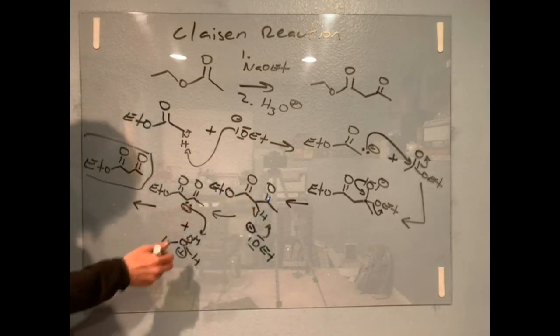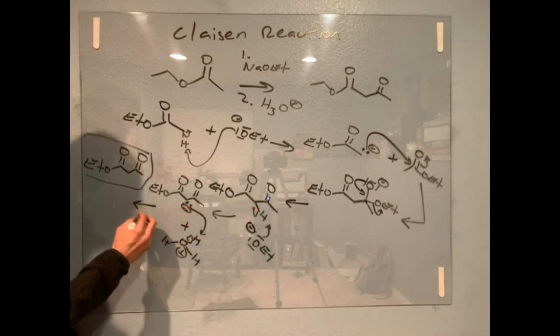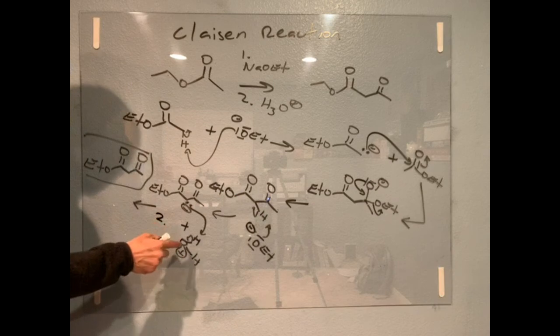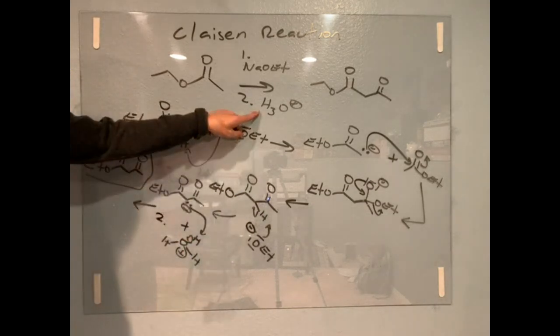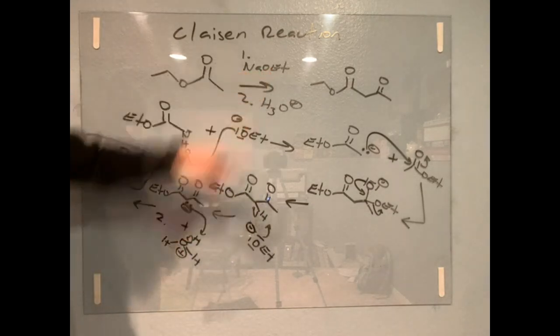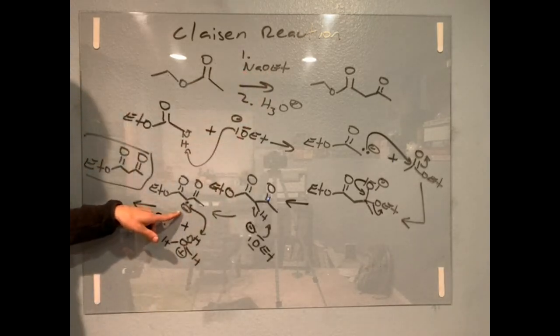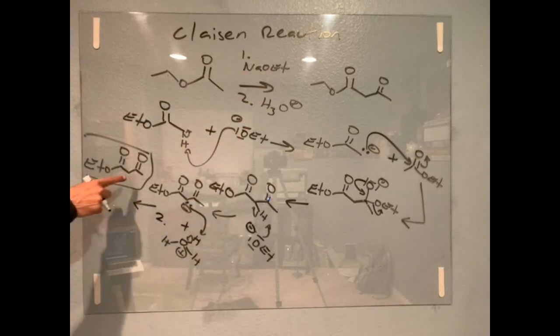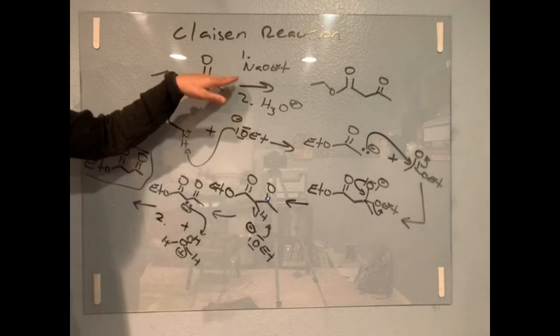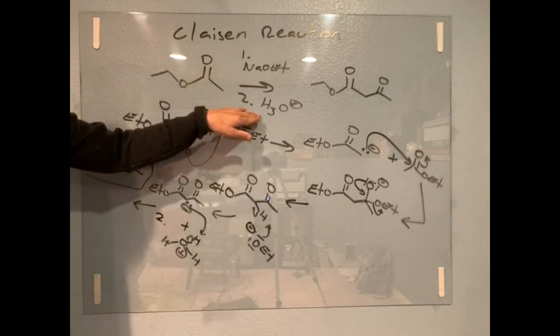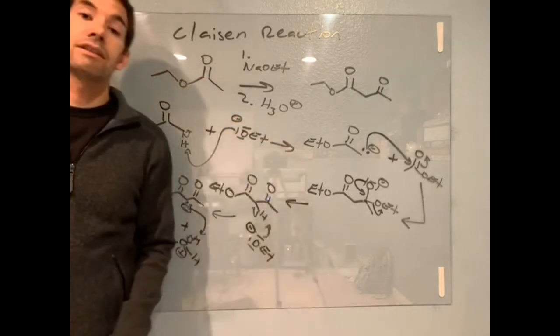And so our second step here, this would be step number 2, is we're going to have to protonate that. And that's why we throw in acid in there. Acid in here will neutralize our base and also be able to protonate our carbonyls here, okay? Protonates this to give us our final compound, okay? So when we do our Claisen reactions, we're going to need 2 steps. The first step is with the base, the second step is going to be addition of acid, okay?